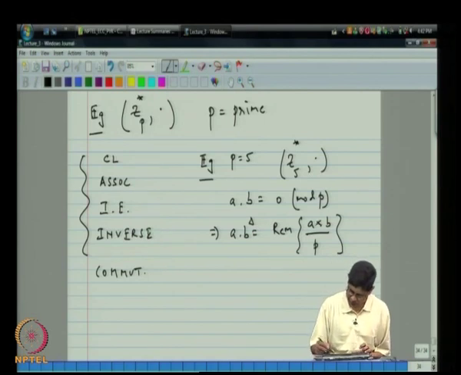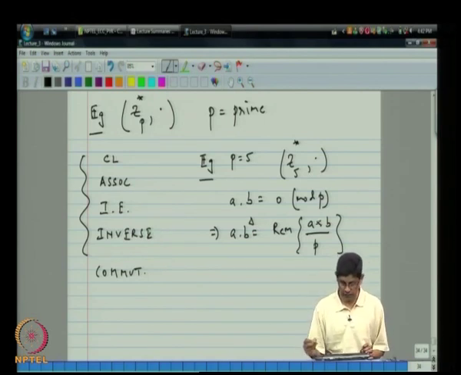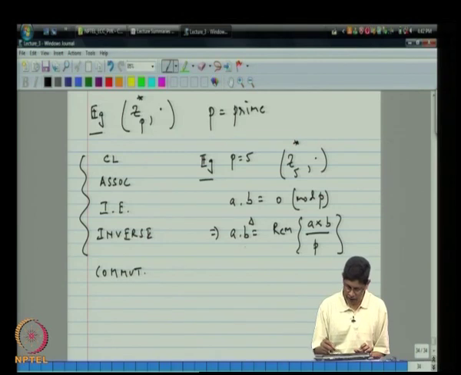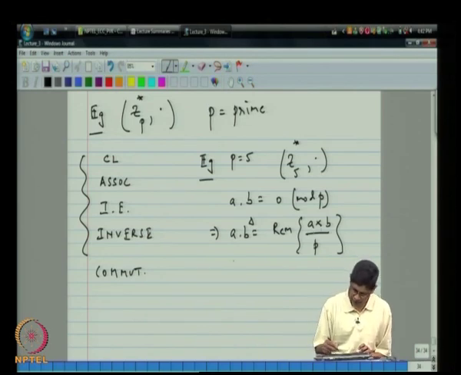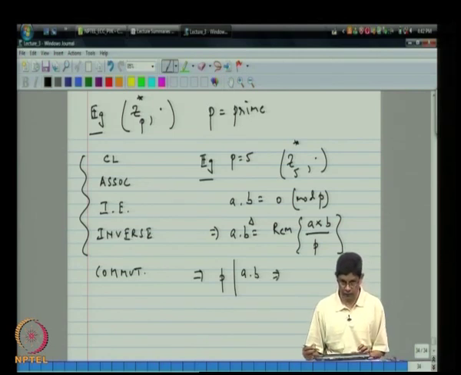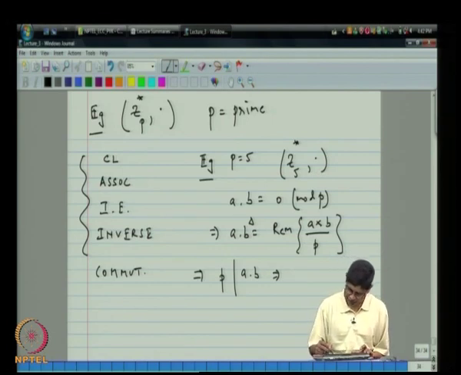Here the multiplication is ordinary multiplication, and that is what you really mean when you write A times B. So, if the product is 0 mod P, that means there is no remainder, which means that P divides A times B. But you know that P can divide a product of two integers if and only if P divides either one or the other of them, or both.